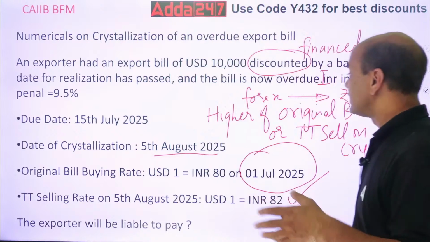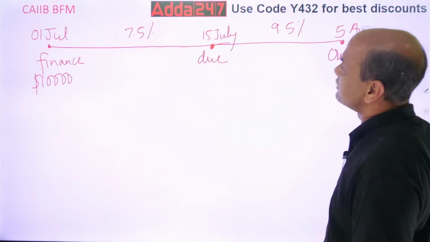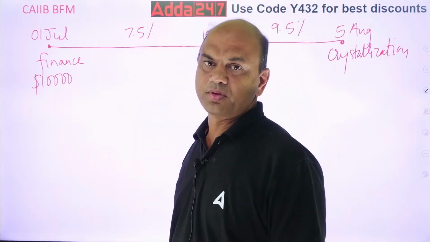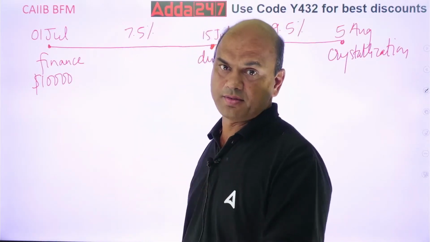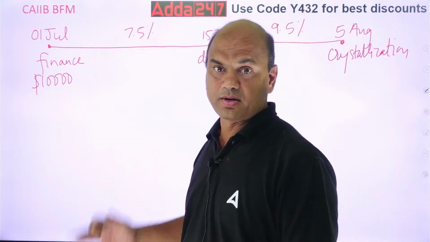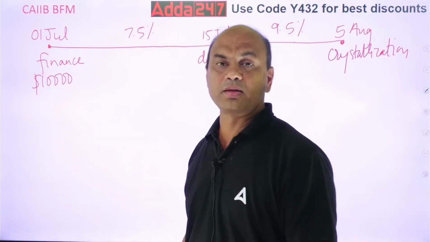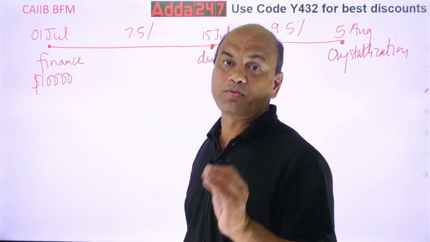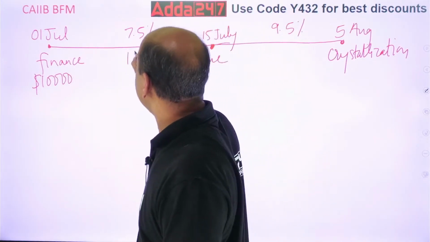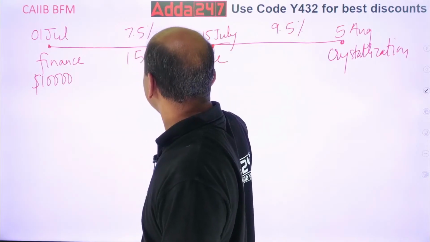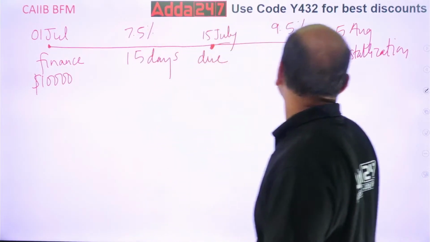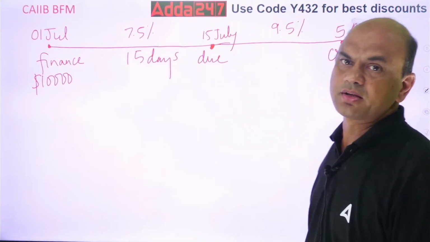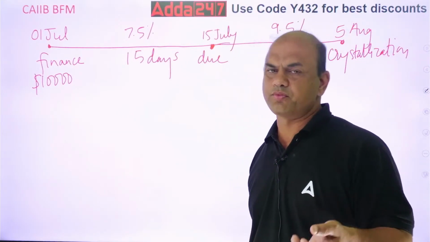Now calculate the number of days. From 1st July to 15th July, the due date, it is 15 days. And from 15th July to 5th August, it is 25 and 5.